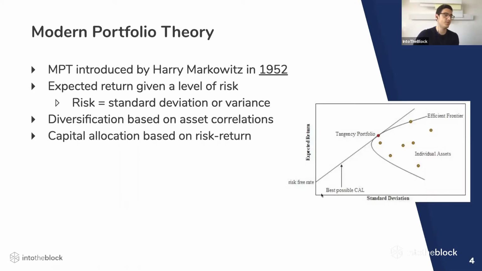He also introduced the concept of the best possible capital allocation line in this chart. Essentially, when you're on this capital allocation line, you're maximizing your expected return given your risk, or standard deviation in this case. And you can compare your assets within your portfolio along the efficient frontier within modern portfolio theory.